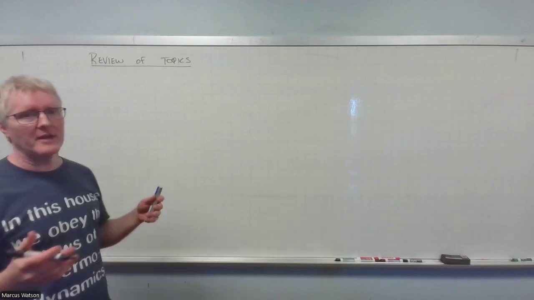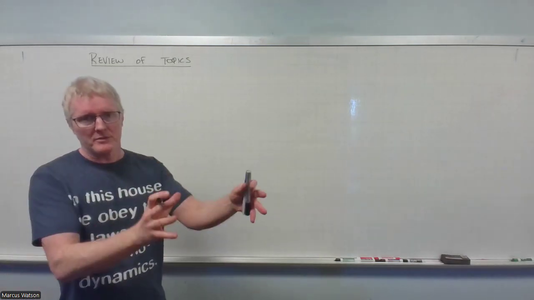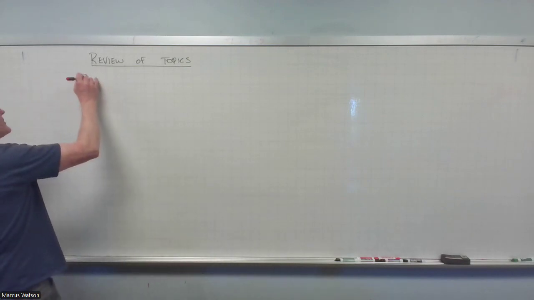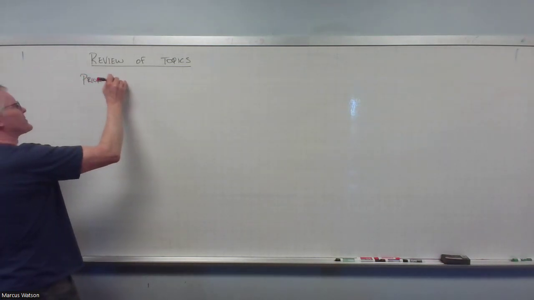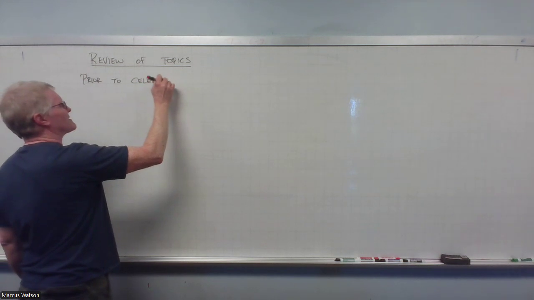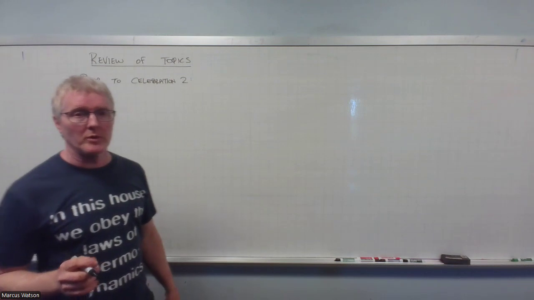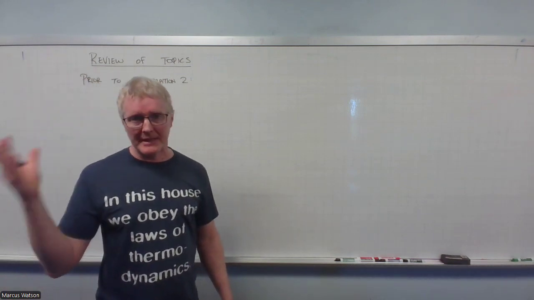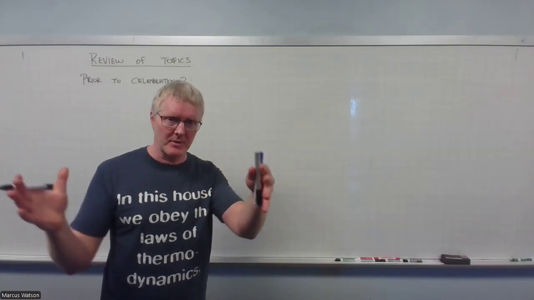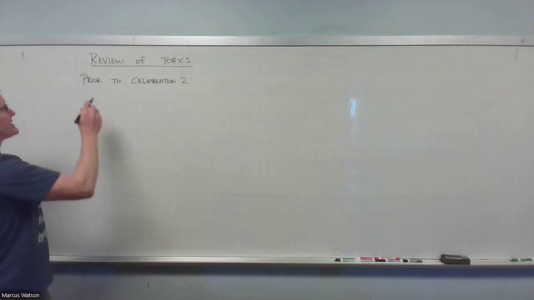Therefore, we have to think about what kind of topics we are dealing with in both of those regions. So prior to Celebration 2, this would be the situation where we're looking at the beginning of the class all the way through the first celebration, all the way through to the second celebration, that chunk of material. We're looking at the highlights of this, okay?